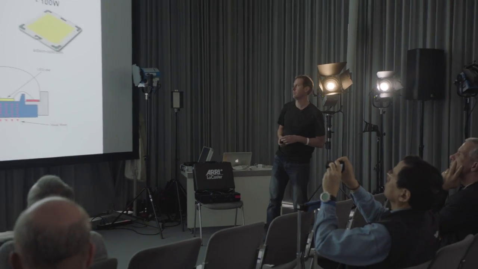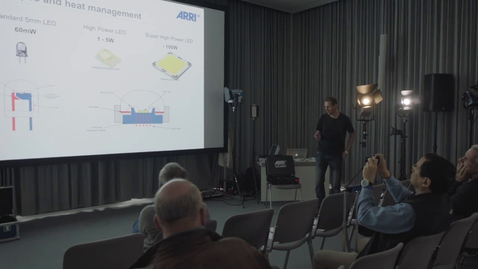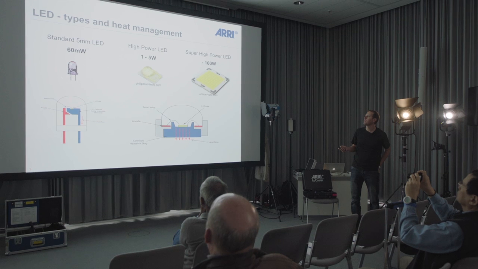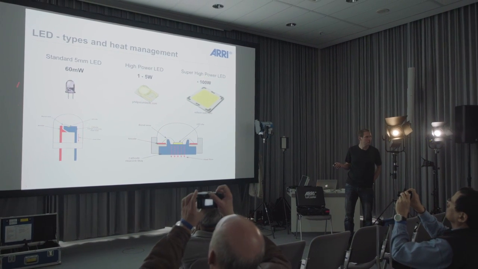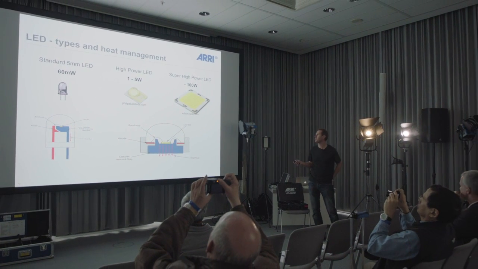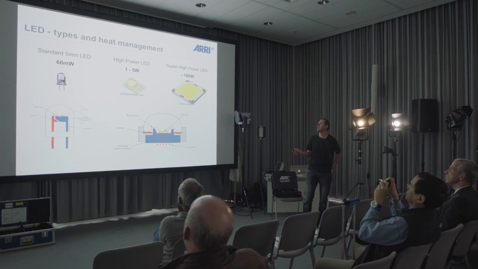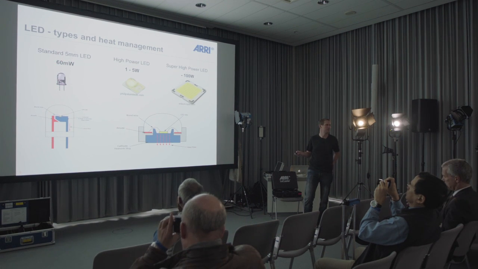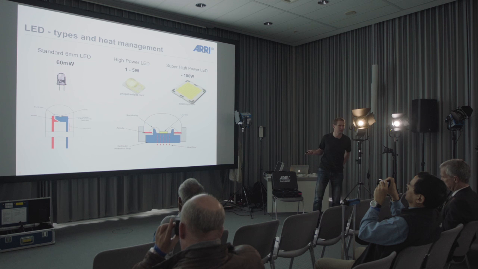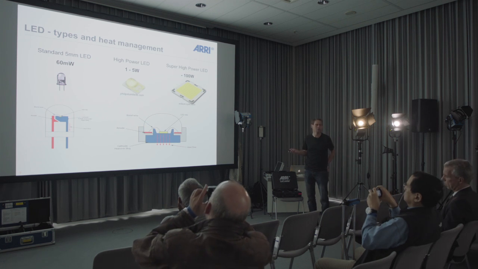And if you have the chance to have a closer look at the LEDs themselves, you will see that the very small, cheap, mass production LEDs have only these pins, but they are not powerful, like 60 milliwatts. That's not interesting for the things we want to do with the LEDs.